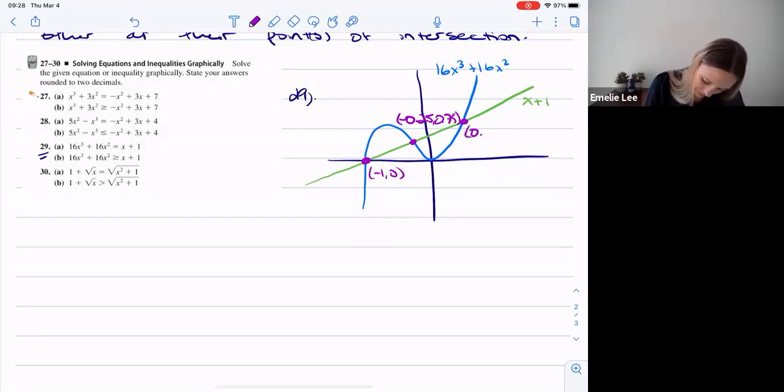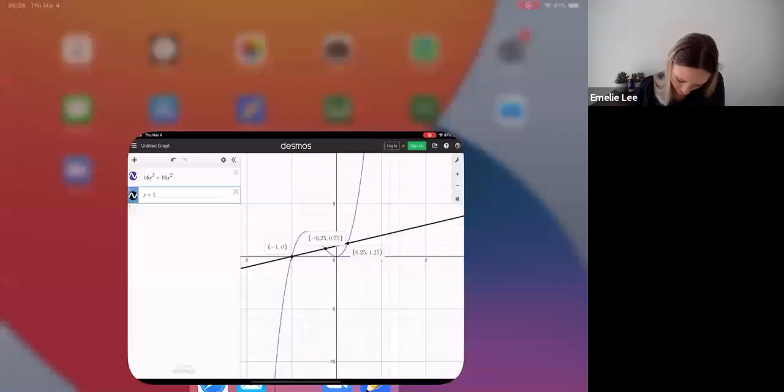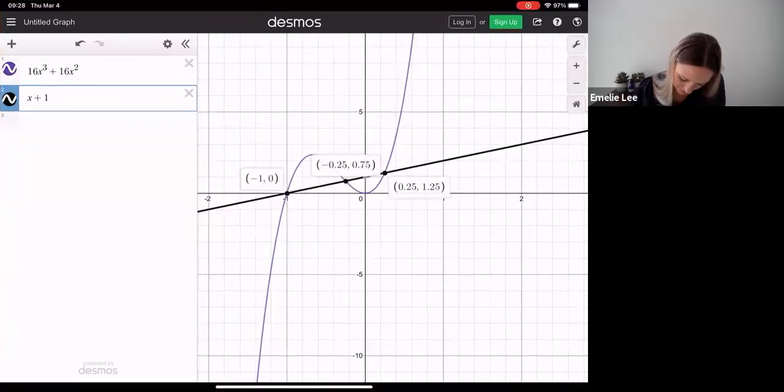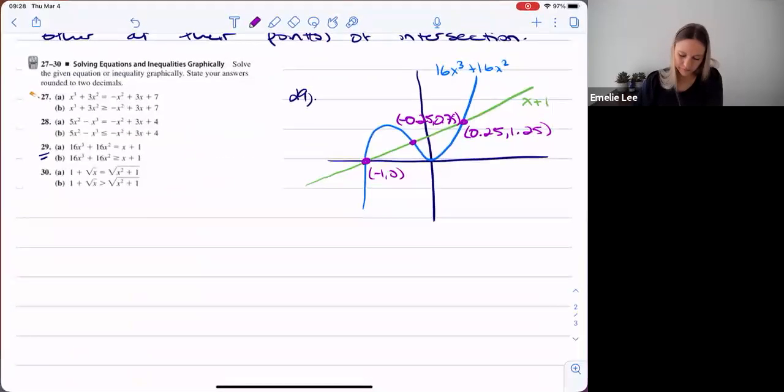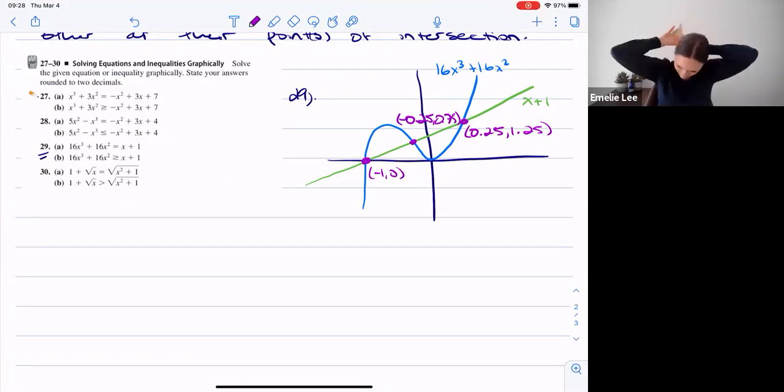And finally, 0.25, 1.25. Might have botched that. Let's see here. No, looks good. Okay, so I've jotted down the points of intersection. A little sloppy, but they're there, so okay.